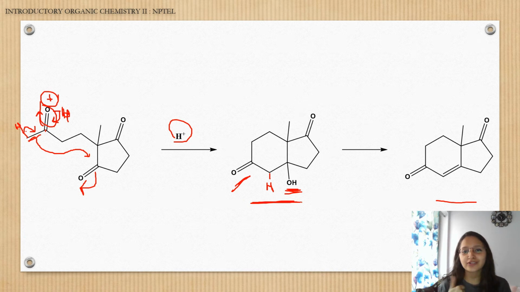Yes, aldol reaction, right? The aldol reaction in which you have beta hydroxy ketone generation. In that also, if you give heat, then the alpha beta unsaturated ketone gets formed. So this is a similar case. If heat is provided, then the alpha beta unsaturated ketone formation becomes more favorable.